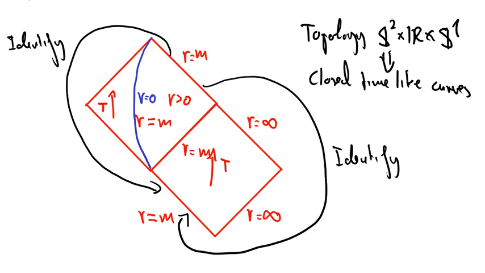Okay, I'm just drawing a closed time-like curve. This is an observer who gets into the black hole region, and then since this is identified with this, the observer exits into a universe which is the same universe in which he started. Okay, so you again can think of this as a time machine.